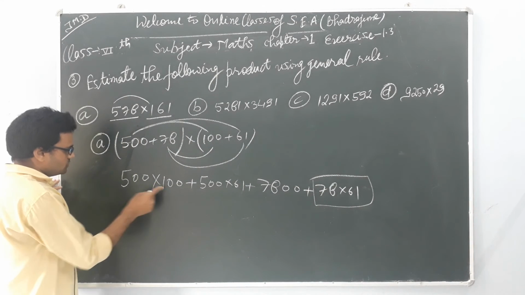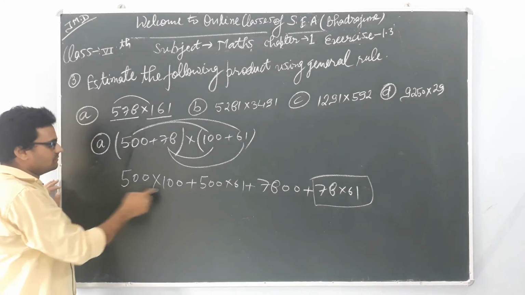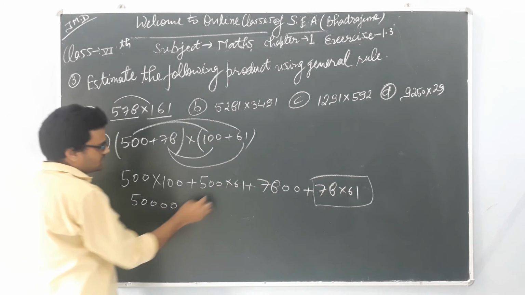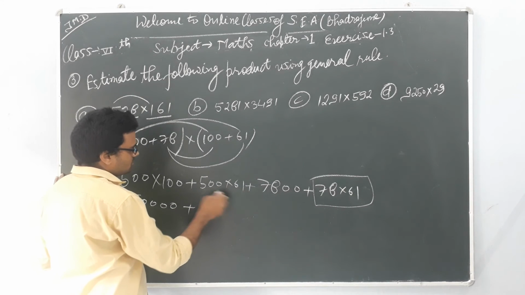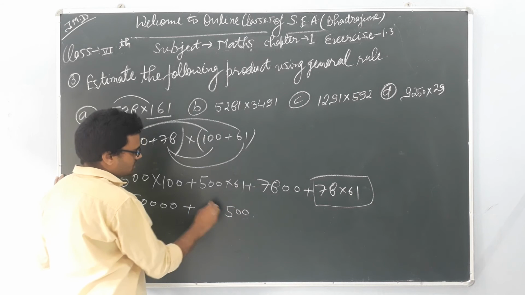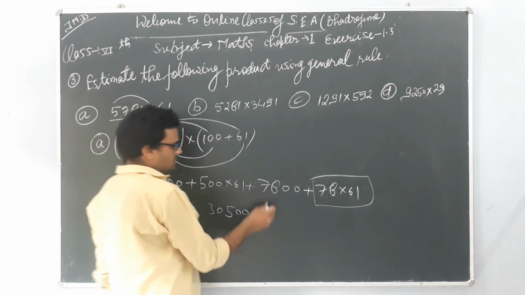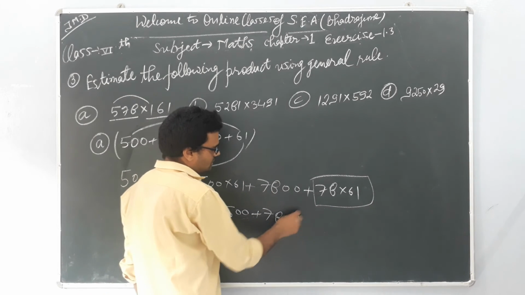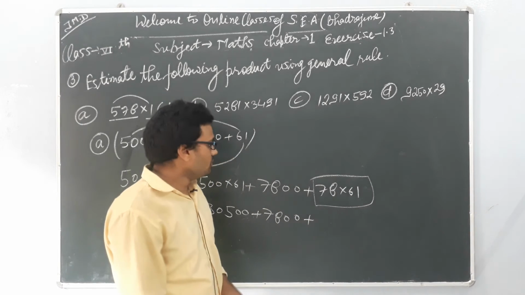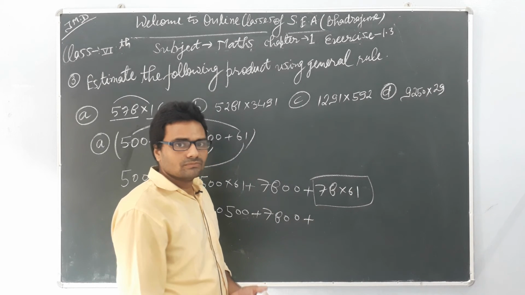This is equals to 5 ones are 5, and 4 times 0, plus this is equals to 0 0, 5 ones are 5, 5 sixes are 30, plus this is 7800 because I have already multiplied, and this will be some digit, okay, which will go up to which number?